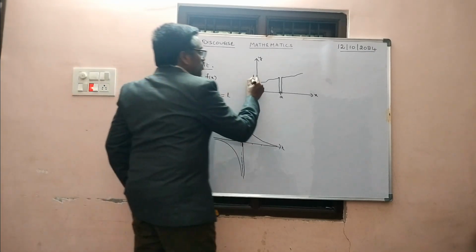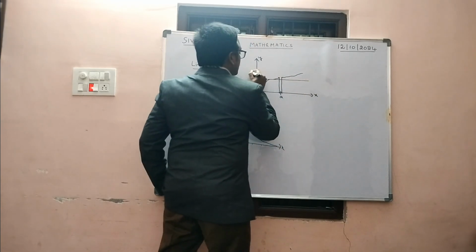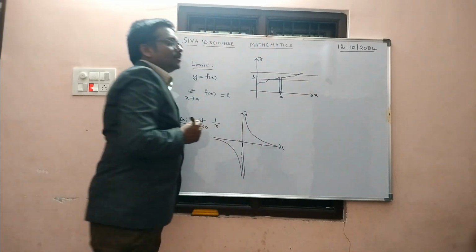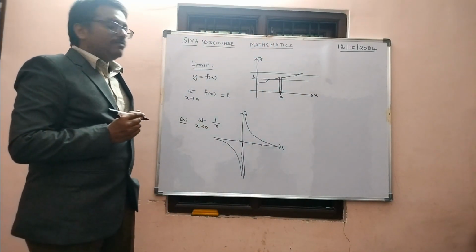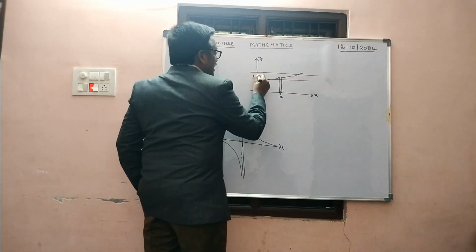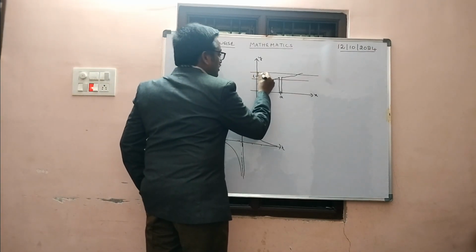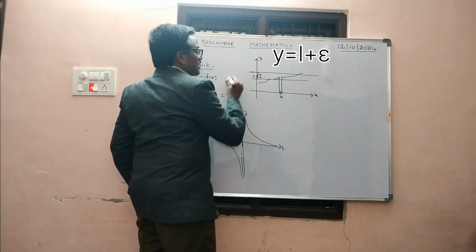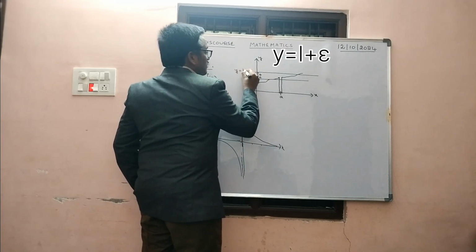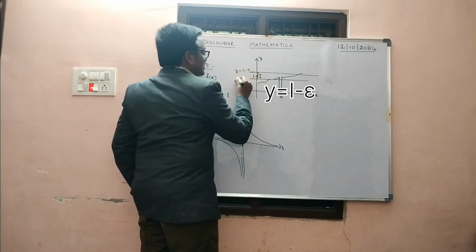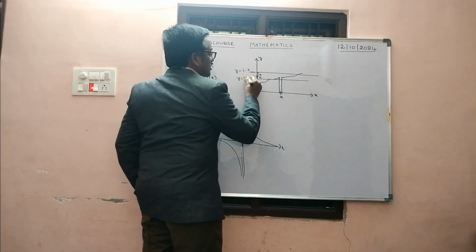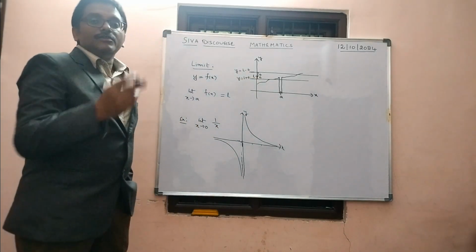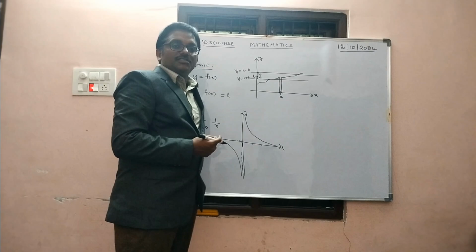Socrates is going to give a strip like this to his disciple Plato. This is L, this radius is epsilon, of course this radius is also epsilon. I mean this line is nothing but y value here is L minus epsilon, and here the line is y equals to L plus epsilon. We know that a line parallel to x-axis is nothing but y equal to constant.